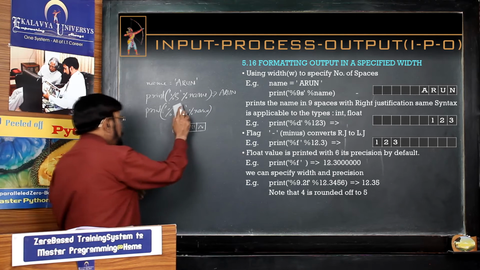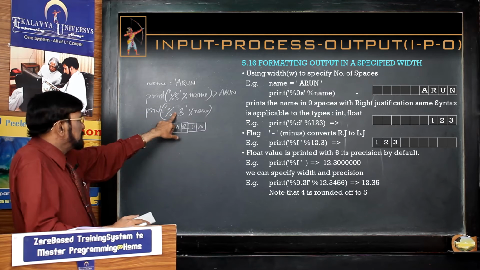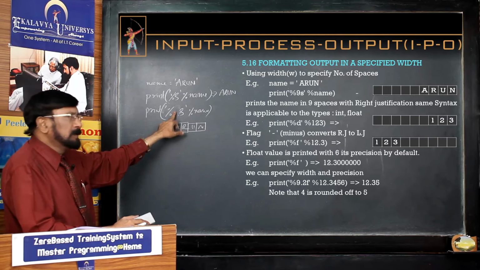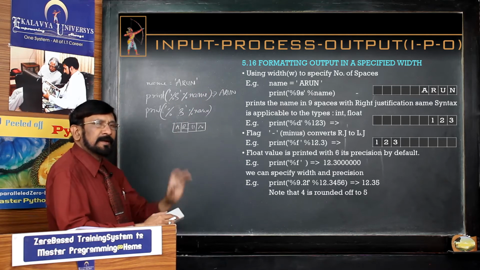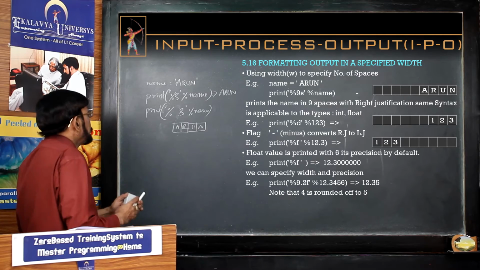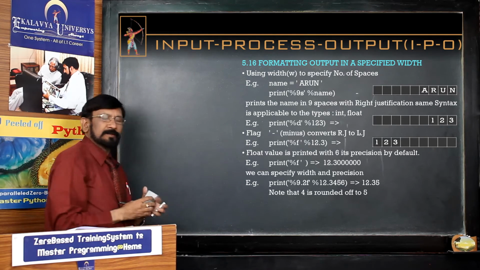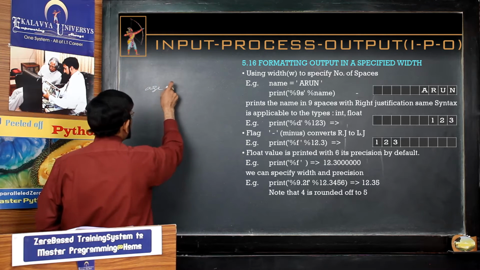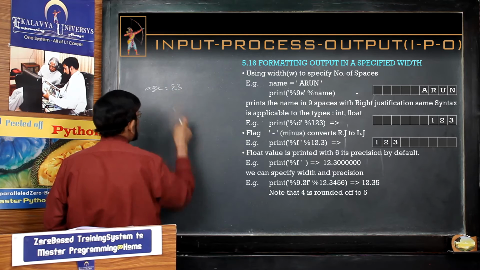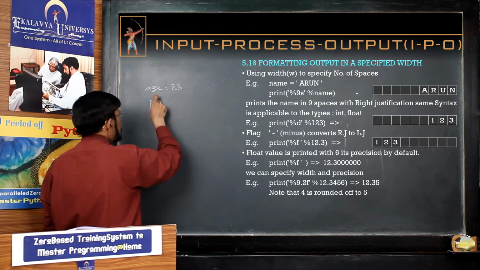So if you have to introduce one width specifier here, that should be greater than the number of characters in the data. That point you understand. Thereafter, with reference to integer also, I explain. Now you see age 23. Now, for writing this, what should I write?